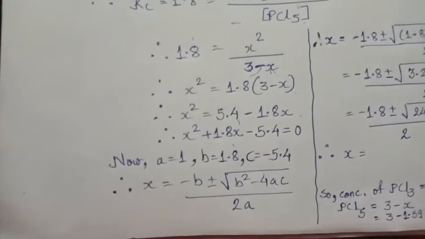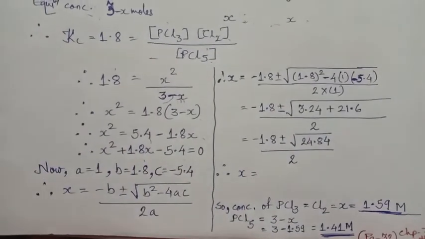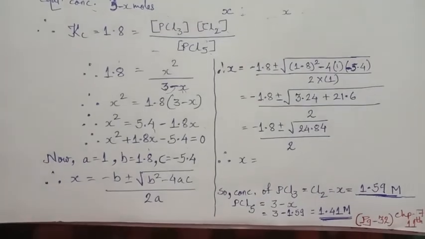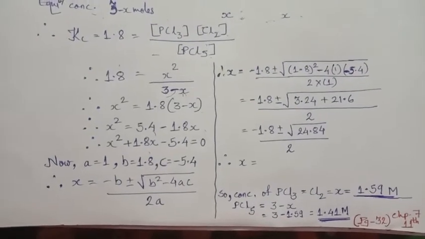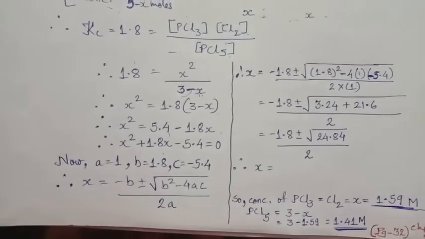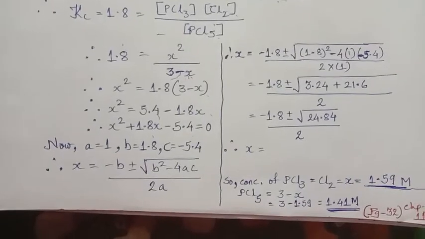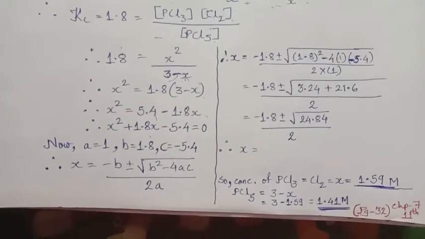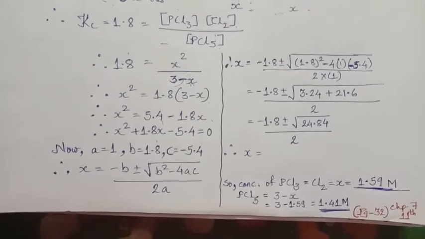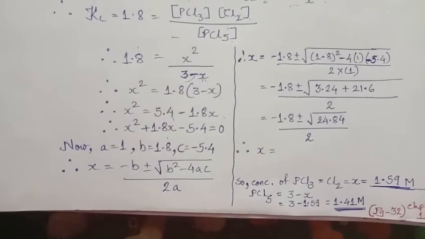So x is equal to minus 1.8 plus or minus the square root of 1.8 whole square minus 4 into 1 into minus 5.4. Putting in the values of a, b and c, we get under root 3.24 plus 21.6, that is minus 1.8 plus or minus under root 24.84, upon 2.